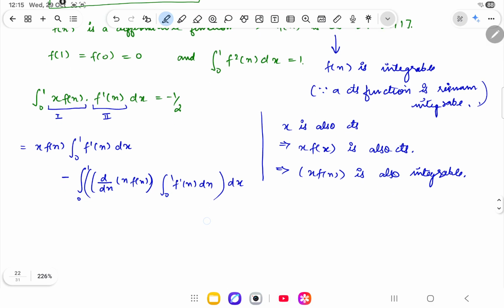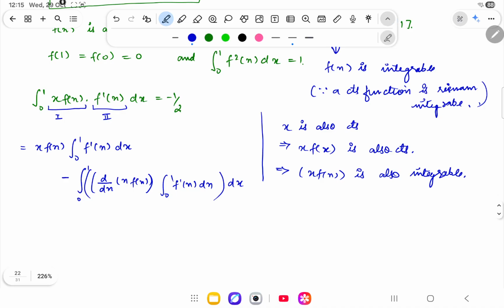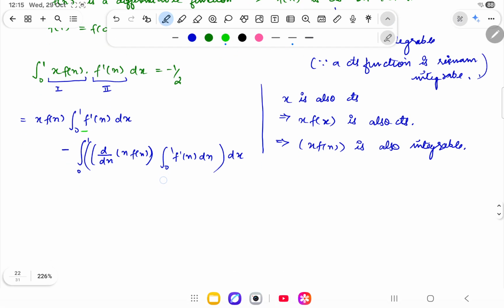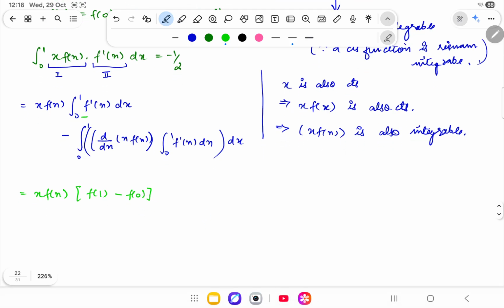If we just solve it, this term will be basically x f(x) times (f(1) minus f(0)), because the integration of f'(x) will be f(x) only. If we differentiate the first function, it will be f(x) plus x f'(x), and by integrating the second we'll get f(1) minus f(0).